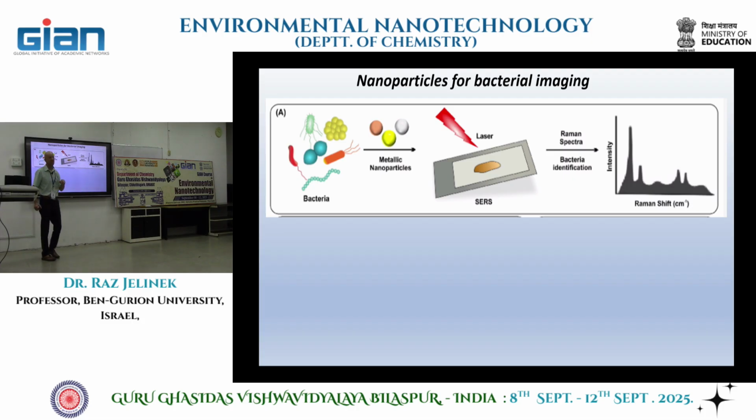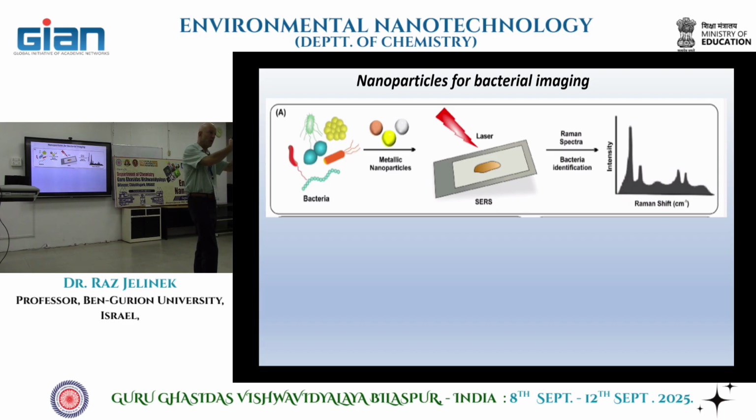Attached to the surfaces. Usually bacteria have a surface which is positively charged. So what you need is to take metal nanoparticles and coat them with some molecules with negative charge.